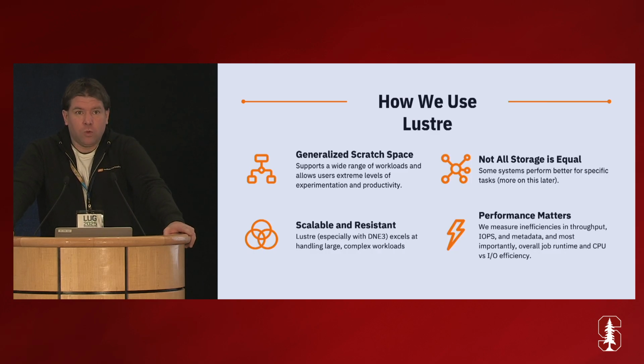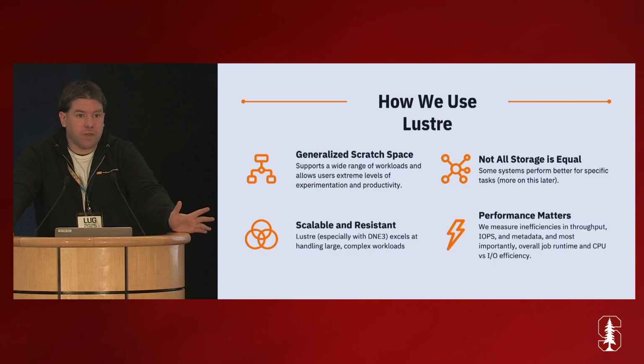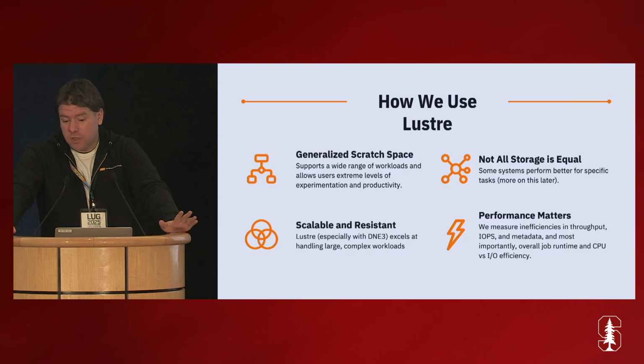Again, we don't really try to bring in storage systems that are overly specialized unless it's a very, very specialized workflow. For instance, we have a favorite NFS vendor for something that does one little thing that it just does really well. But for all of our generalized scratch storage systems, they need to be able to do pretty much everything pretty well. As we all know, not all storage is equal, so I don't think anyone here will be surprised that Lustre is king at bandwidth.